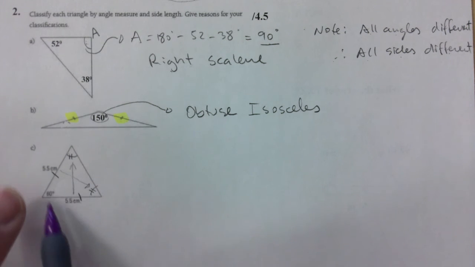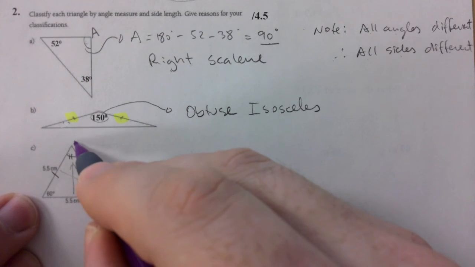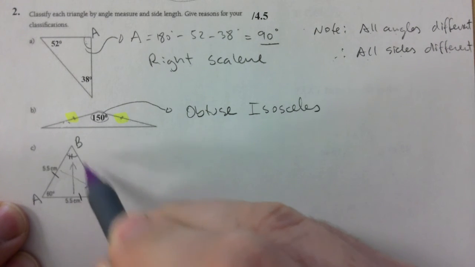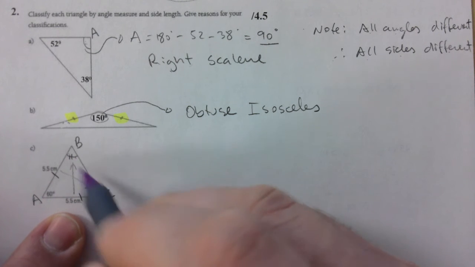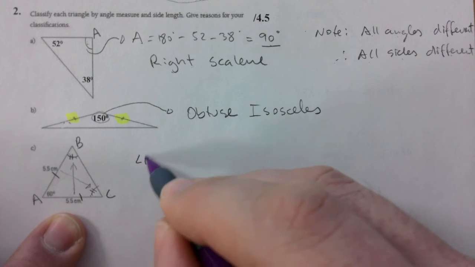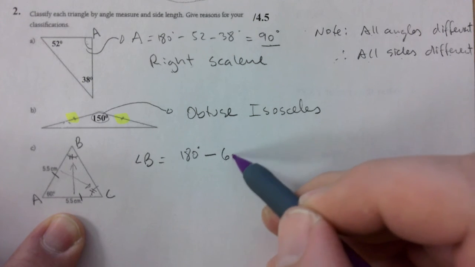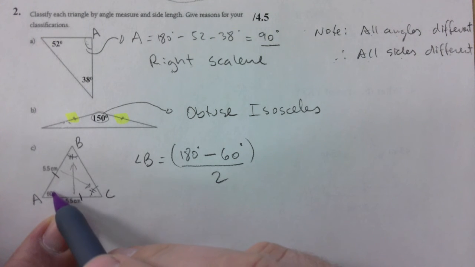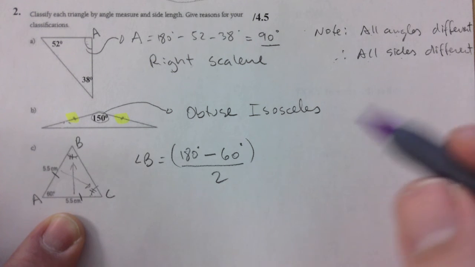If these two sides are the same, then the angles across those two sides will measure the same. Okay? So let's call this B and C and this A, right? This is the original. B and C are here. Well, how would I find B or C? Well, they're the same. So angle B is going to be 180 minus the 60, divided in half, because you take away the 60, whatever is left is going to be split evenly.